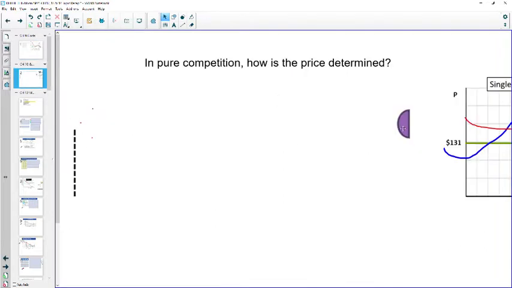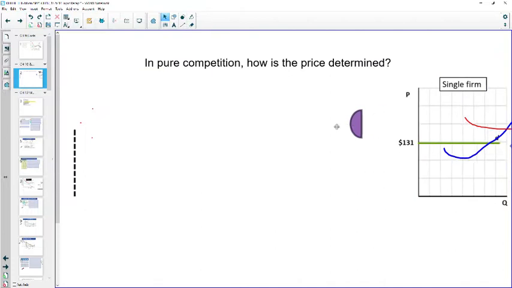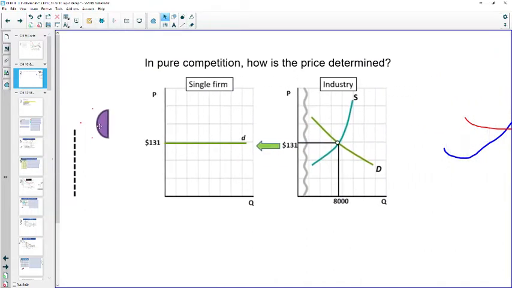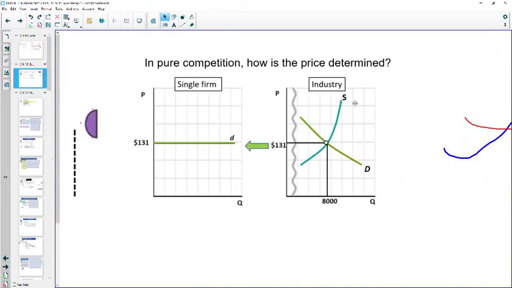In chapter 10, we talked about pure competition. The industry on the right-hand side determines the price of the object we're selling, where supply and demand meet. Then a single firm sees a flat demand curve. That is marginal revenue.